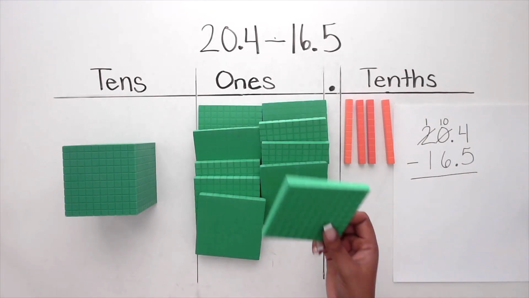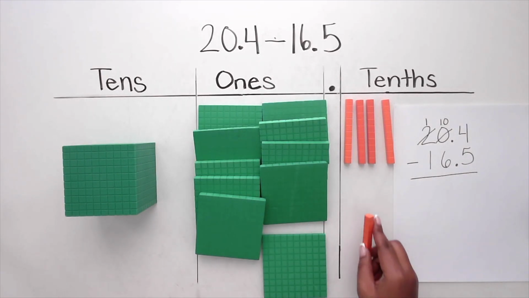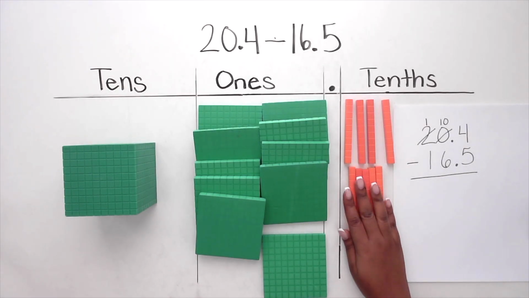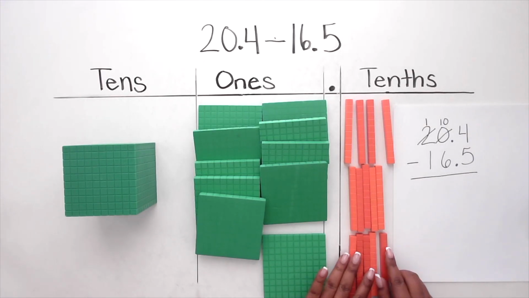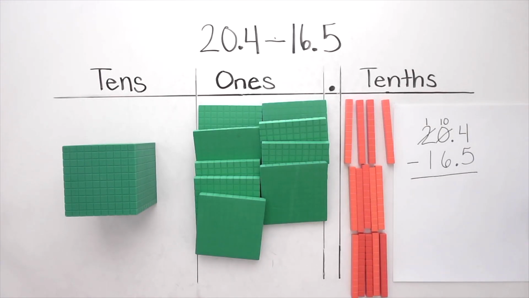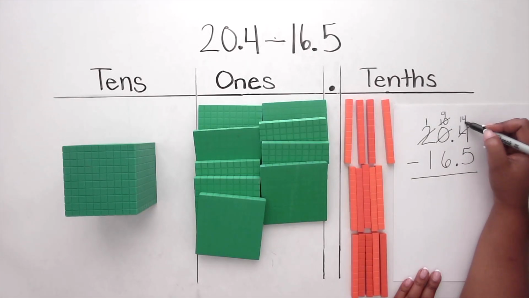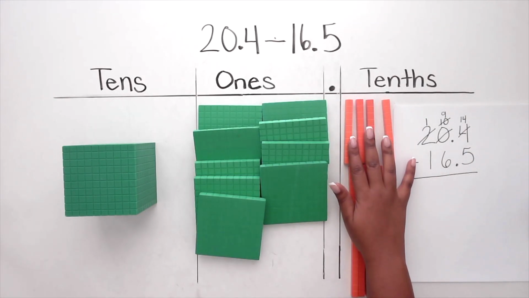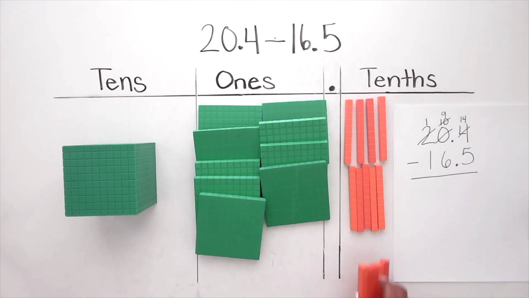Then I'll regroup one of those ones into 10/10. Now I have 14/10. I'll subtract 5/10, leaving 9.